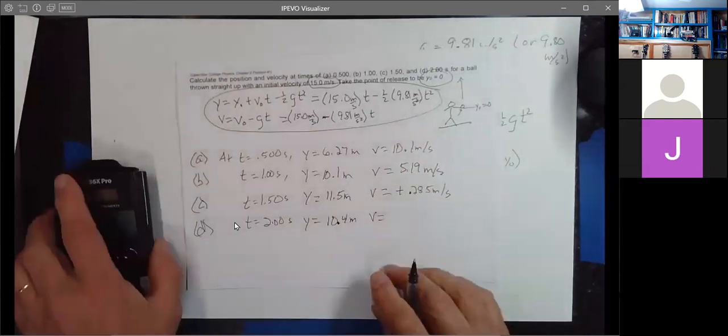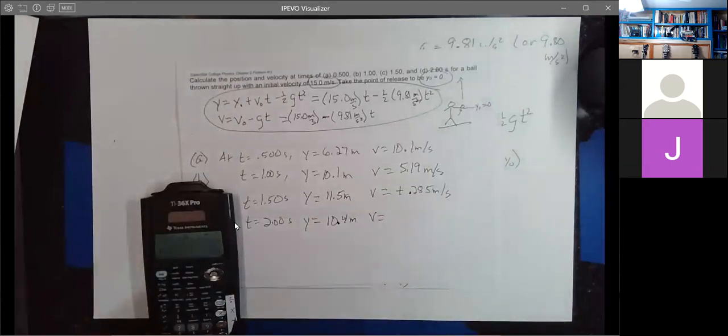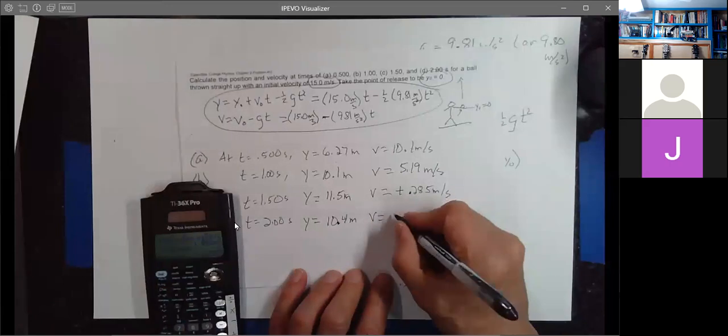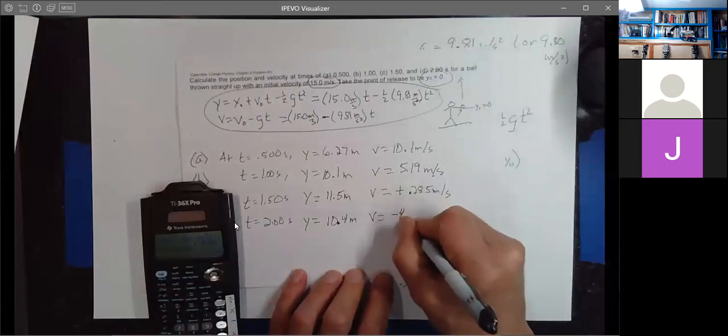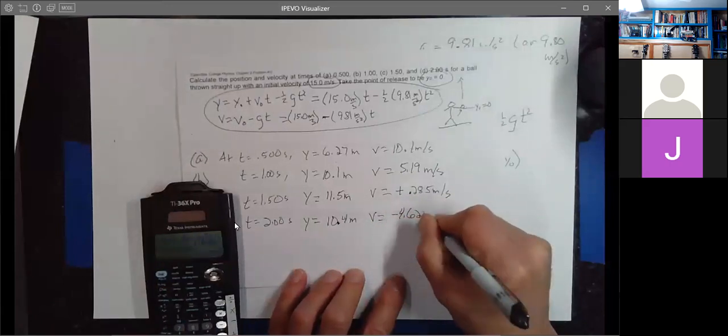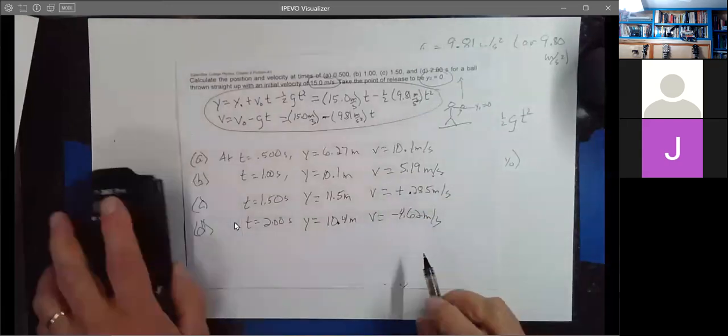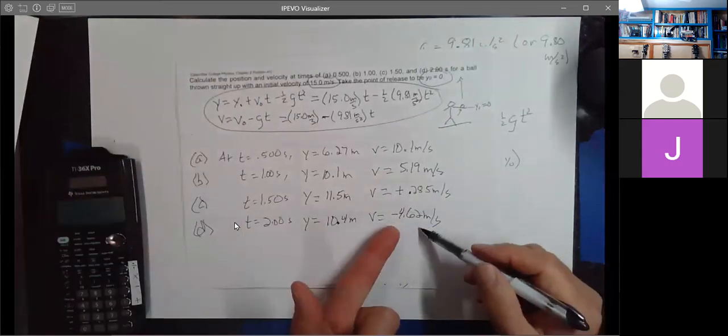And its velocity at that time, 15 minus 9.81 times 2, is equal to minus 4.62 meters per second. So yeah, now it's on its way down.